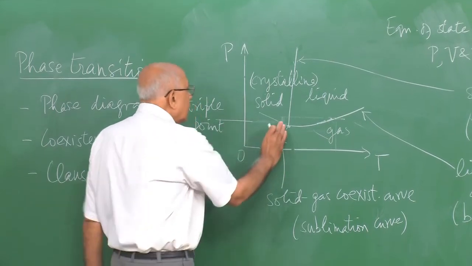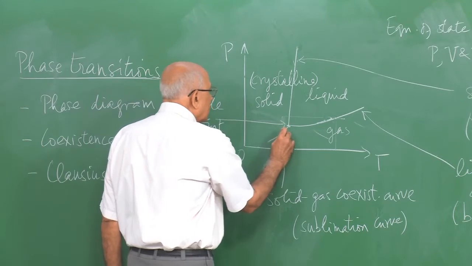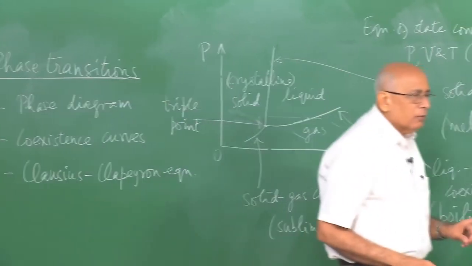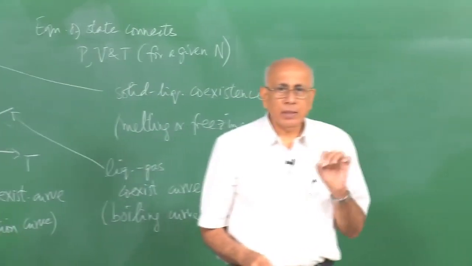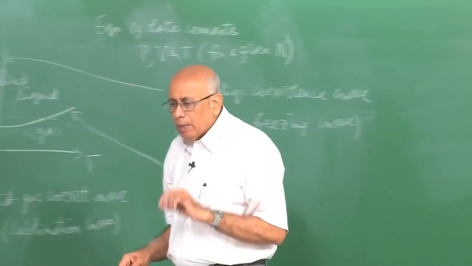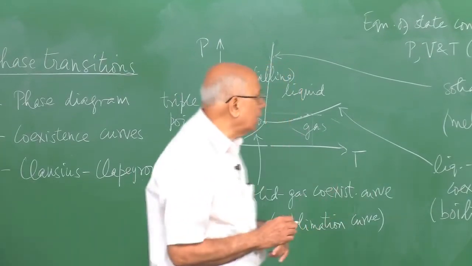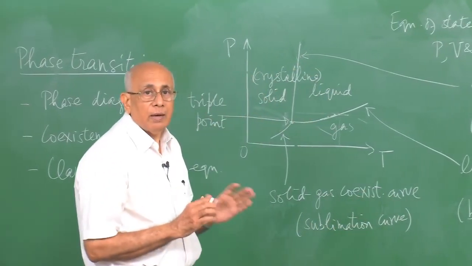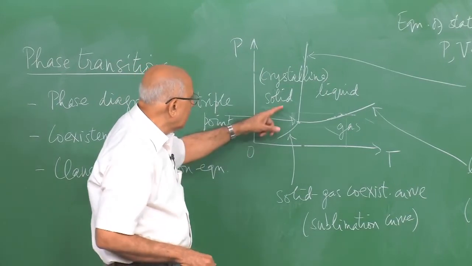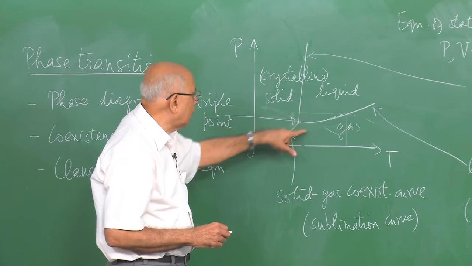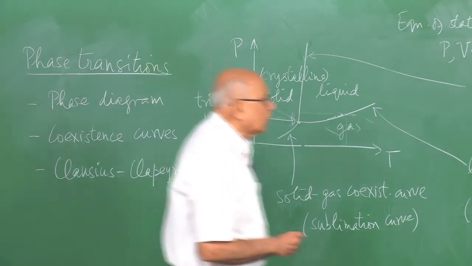And there is a rule in thermodynamics called the Gibbs phase rule, which says that for simple substances, single component substances, the maximum number of phases that you can have in coexistence anywhere in the PT plane is 3. You cannot have more than 3 phases, and that is why we stop with the triple point where the solid, liquid and gas meet, and this is called the Gibbs phase rule.